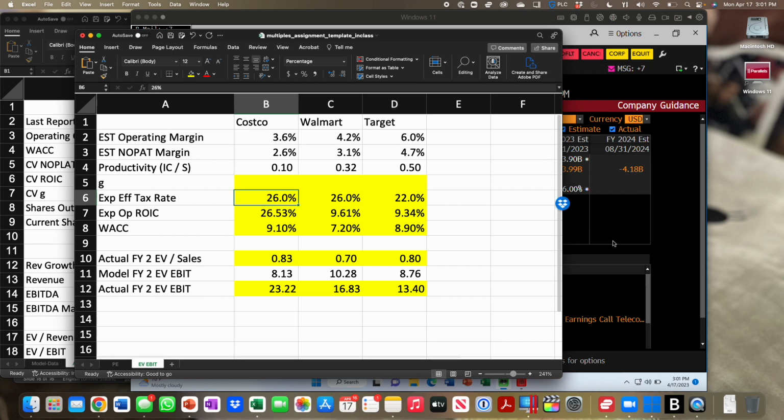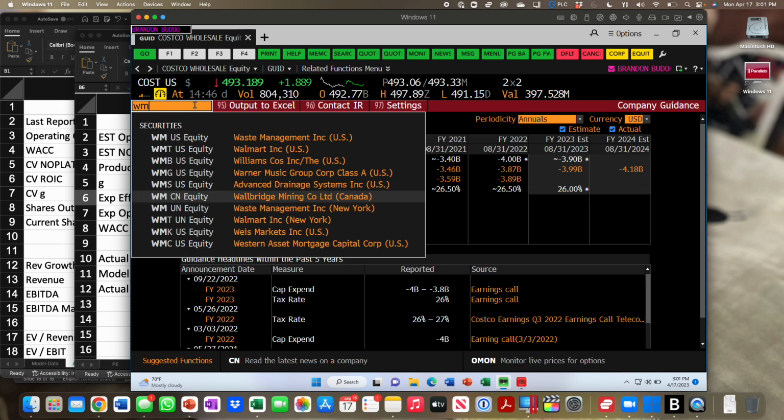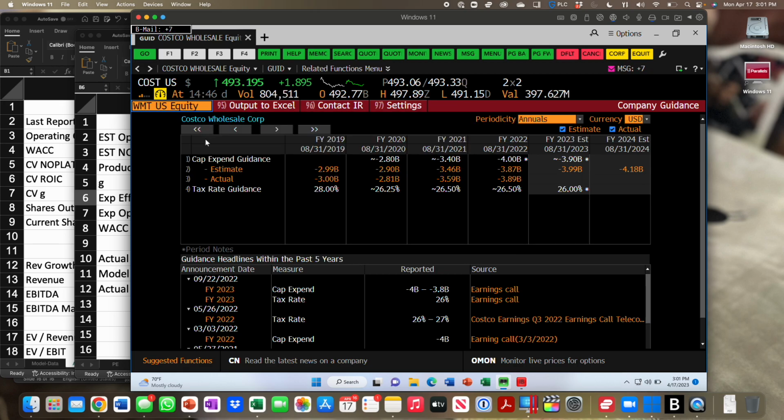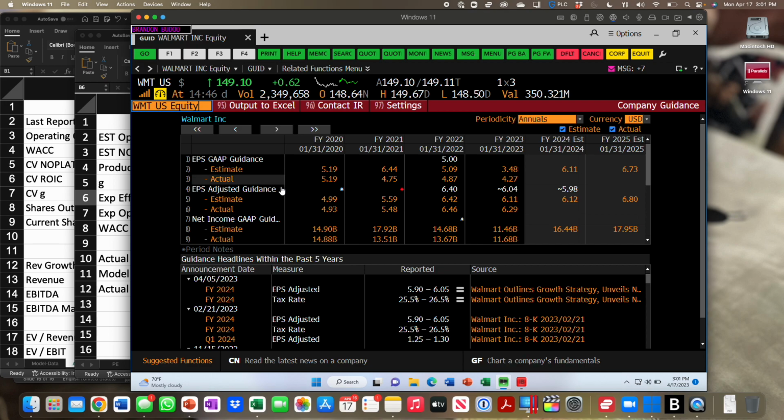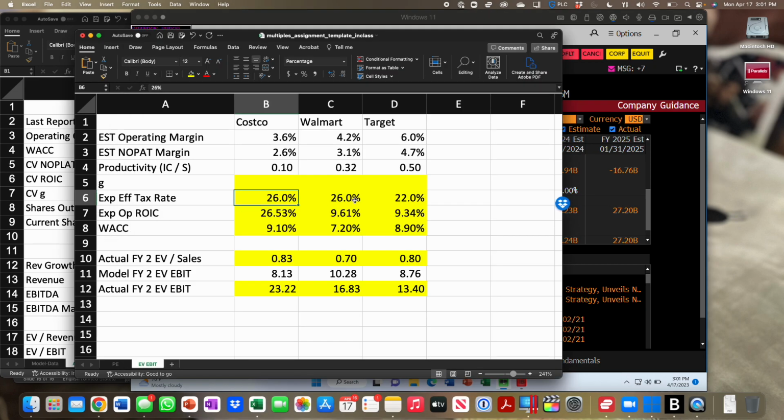While I'm on the screen, look at Walmart. Walmart has given tax rate guidance, 26%. Target doesn't give tax rate guidance. Go to BRC, look up JP Morgan. 22%.